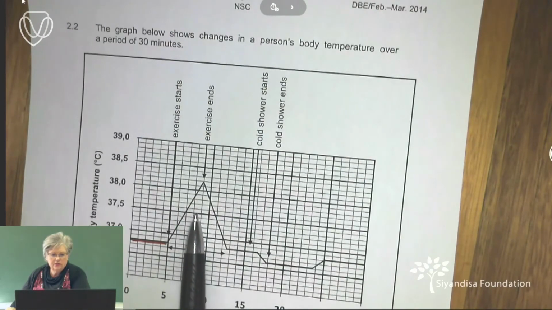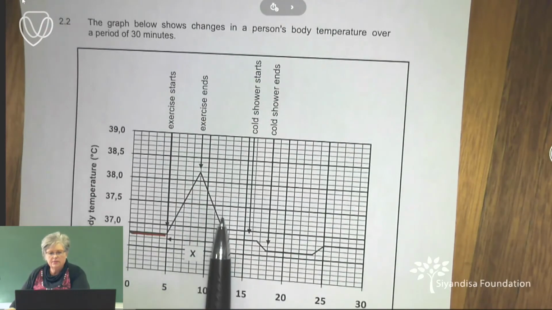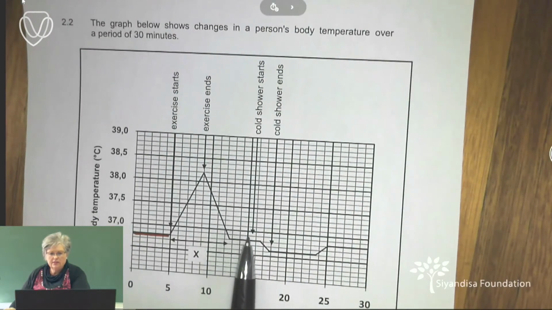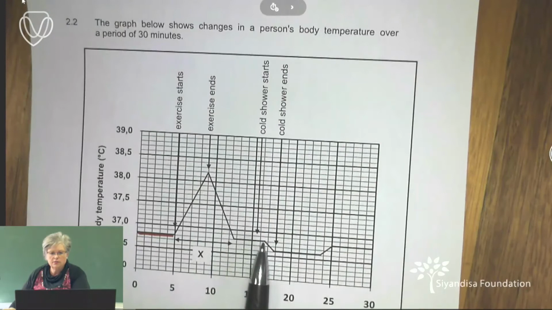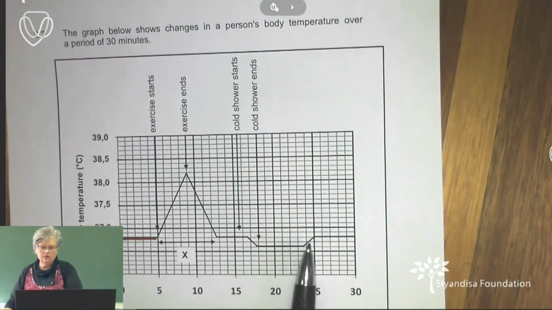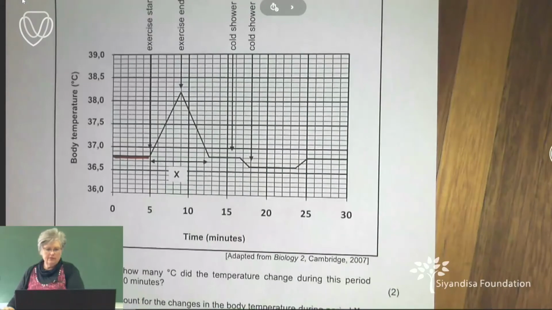His temperature rises from 36.7 to 38, which is very high, and where he stops, from there his temperature drops back to here. He takes a cold shower, it drops a little bit more, and it stays a little bit cold and then goes up. So here, what can the examiners ask?